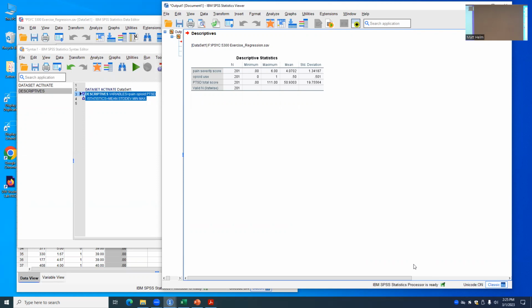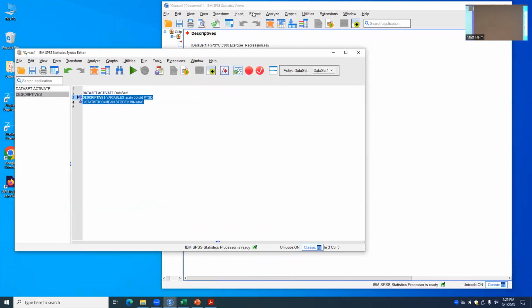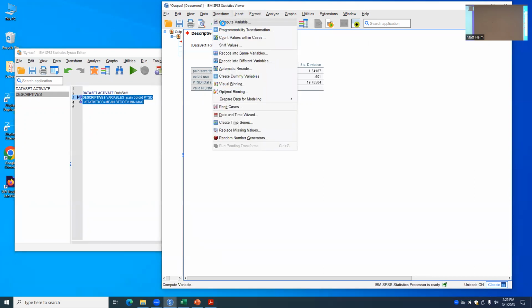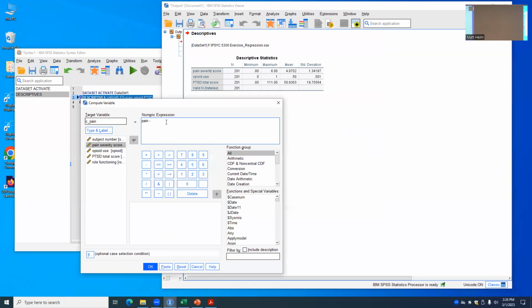Okay, so we've got our means here, right? So what I'm going to do is go up to transform, compute variable, and then I'm going to say centered pain is going to be equal to my pain severity score minus my mean, which is going to be 4.0702.